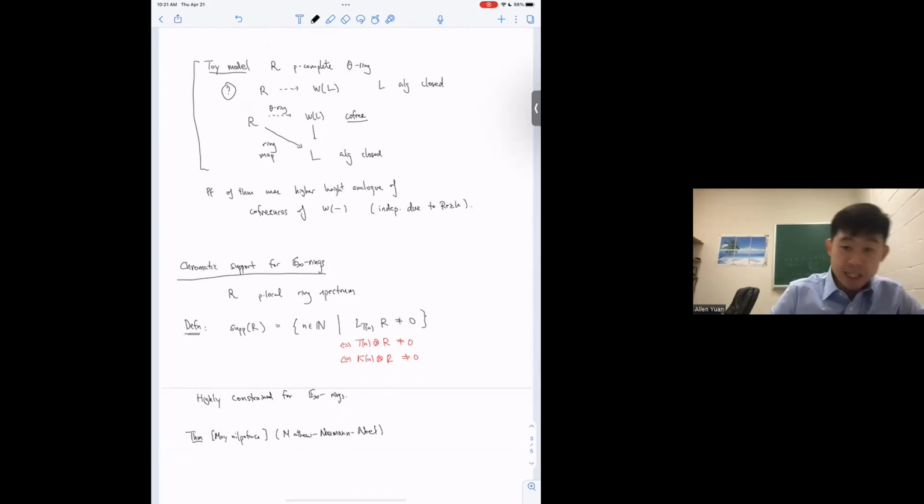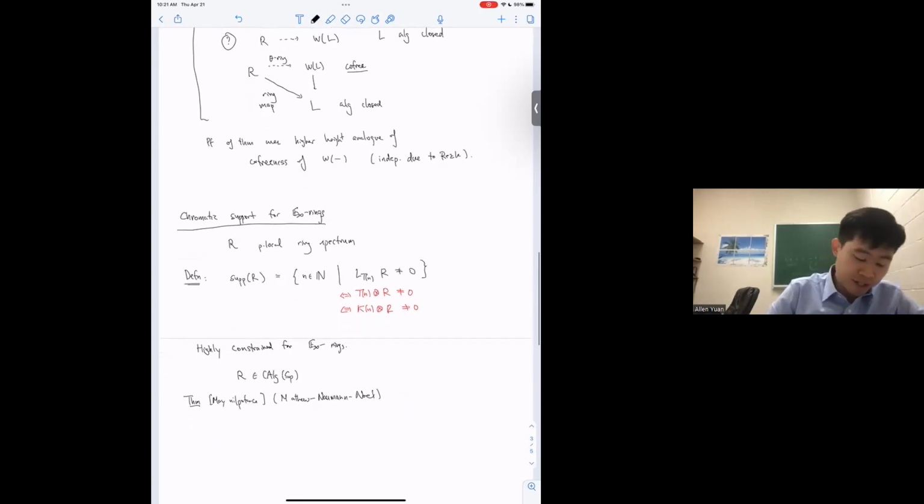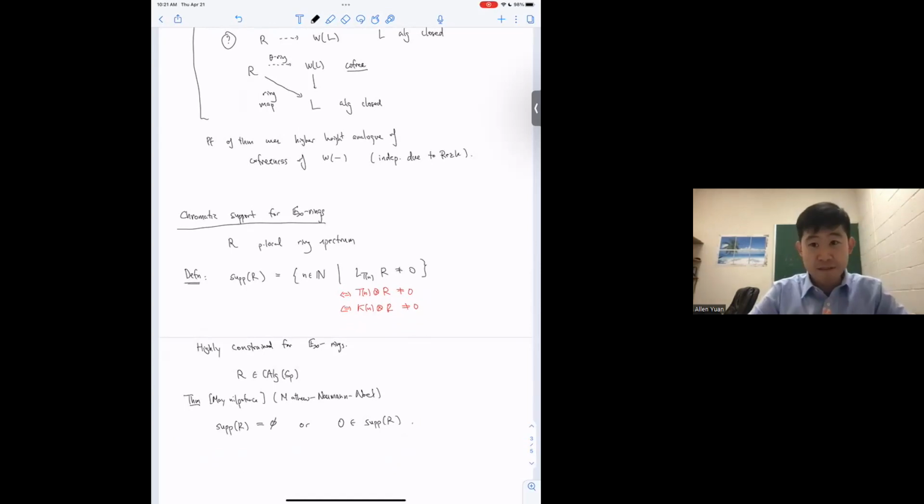Essentially, in this language, what the theorem asserts is that for R, say from now on a commutative ring spectrum, the support of R is either empty or it contains 0. In other words, if a ring spectrum is to have a non-zero Tn localization for any n, then it must also be rationally non-trivial.